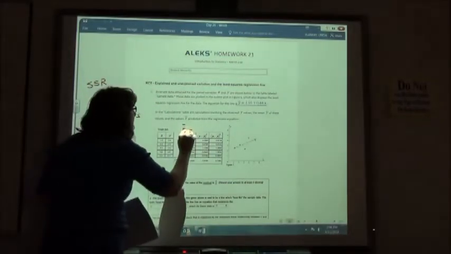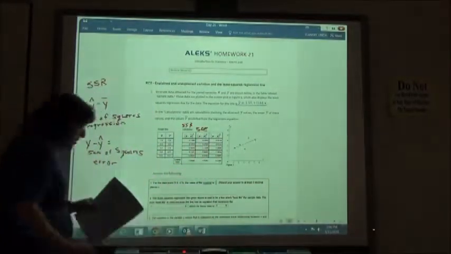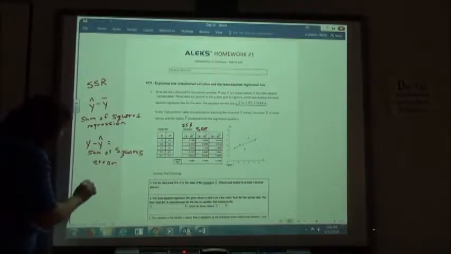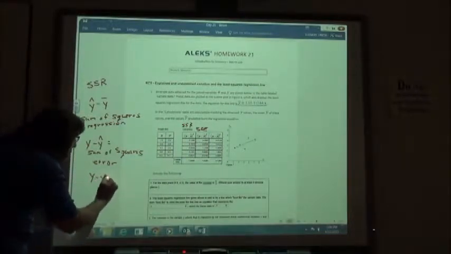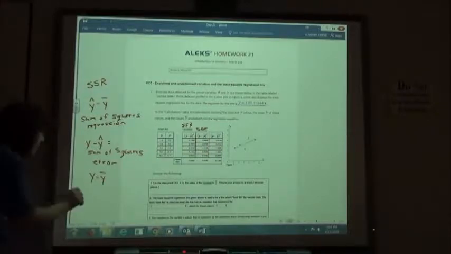So that one was the SSR. This one is the SSE. The last one, when you have y minus the mean of y with the bar over the top, you have SST, sum of squares total.